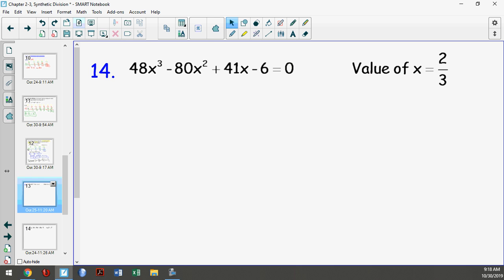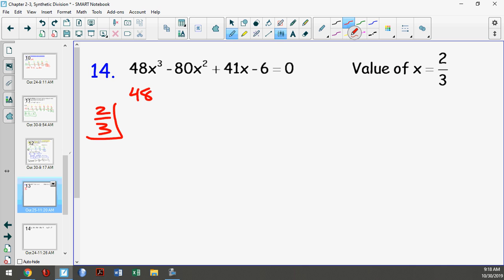This is not a difficult process, but if you don't have the correct numbers, it screws up your whole answer. I'm telling you that 2/3 is an answer. This is 48x cubed minus 80x squared plus 41x minus 6. Go ahead and check your powers. 3, 2, 1, 0. I am not missing any terms.